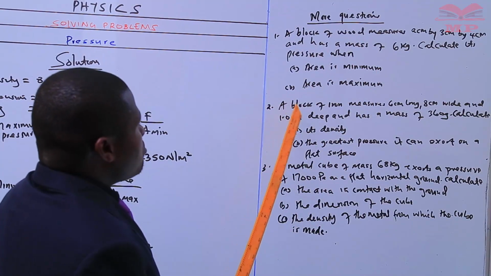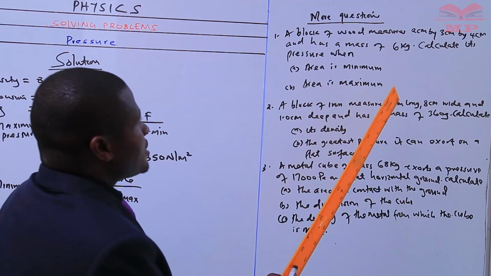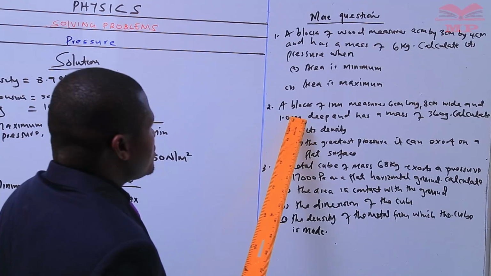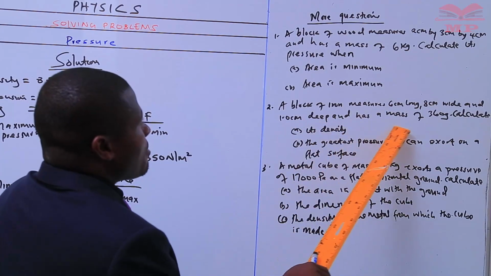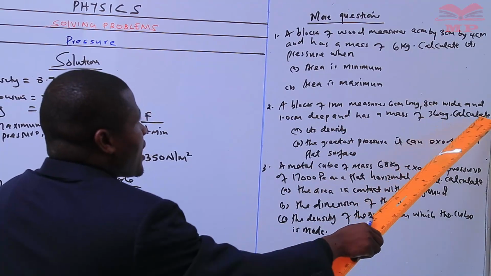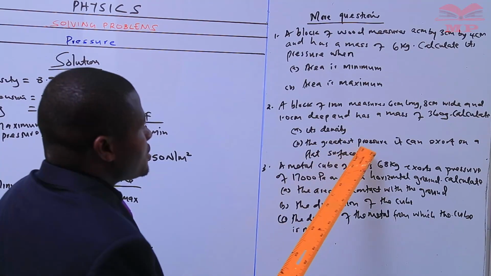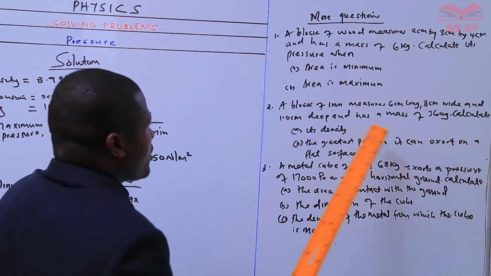Question 2. A block of iron measures 6 centimeters long, 8 centimeters wide, and 1.0 centimeters deep, and has a mass of 360 grams. Calculate its density, that is A, B, the greatest pressure it can exert on a flat surface.